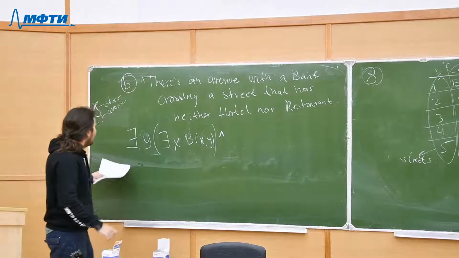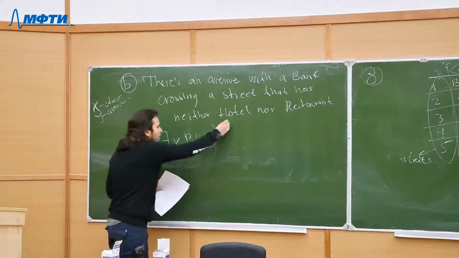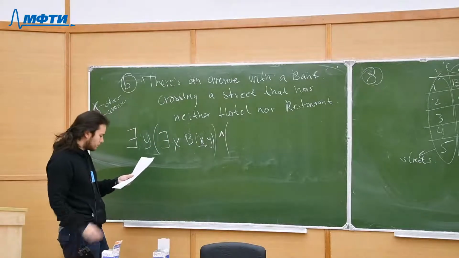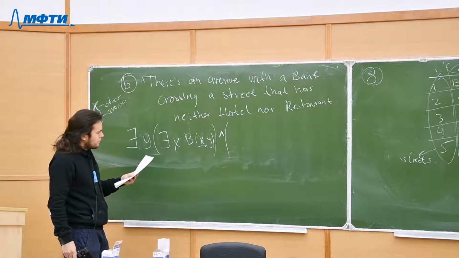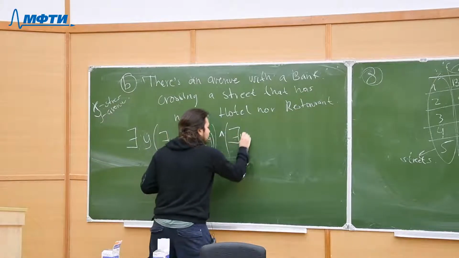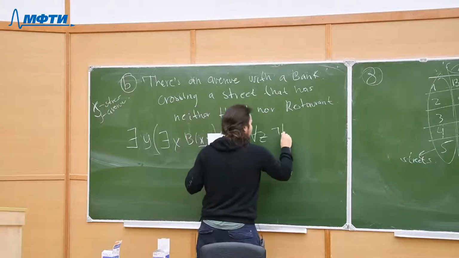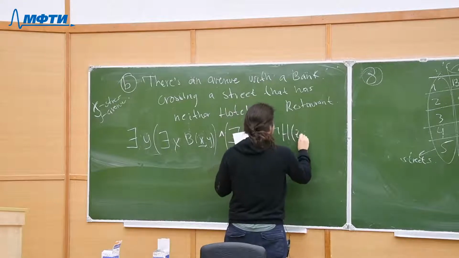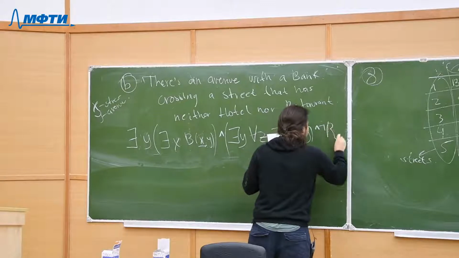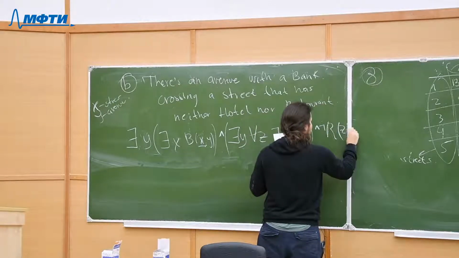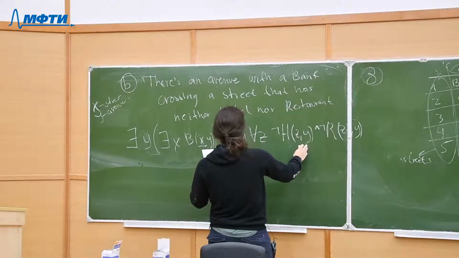So yeah, there's a bank, and in this street, what happens? So let me write it. It's difficult to just say in words. Hotel with Y and no restaurant with Y. Okay, here we change this.